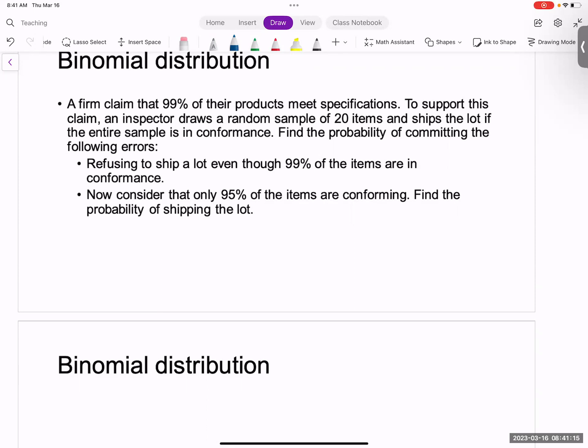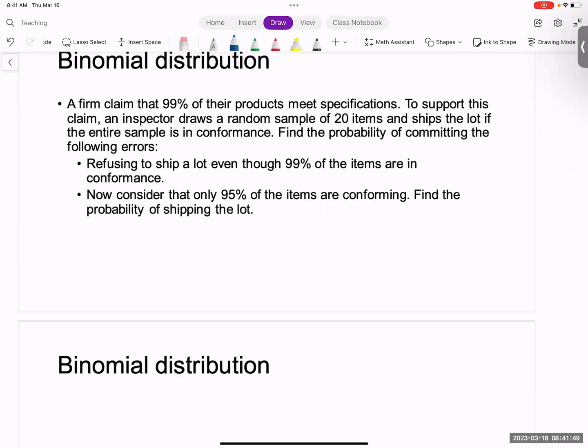Think about having 100 items of which only one is defective. If you randomly sample 20, there's a very high likelihood that all of them would be in conformance. But there's still a little bit of chance that it may not be conforming, and by chance, if it is not conforming, the inspector is going to reject the sample even though the lot is very good. That's why we are calling it an error.